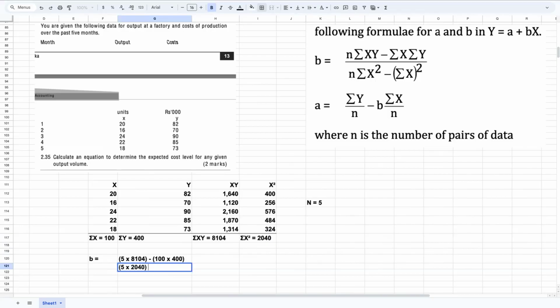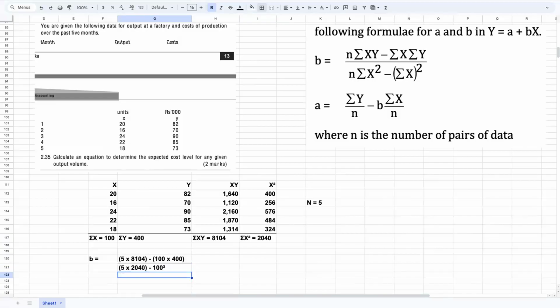Then again, actually, sigma x fully squared. So the sigma x is here 100, not sigma x squared. This is sigma x over squared. So sigma x is 100, and 100 squared, right? So this is the formula we're getting.